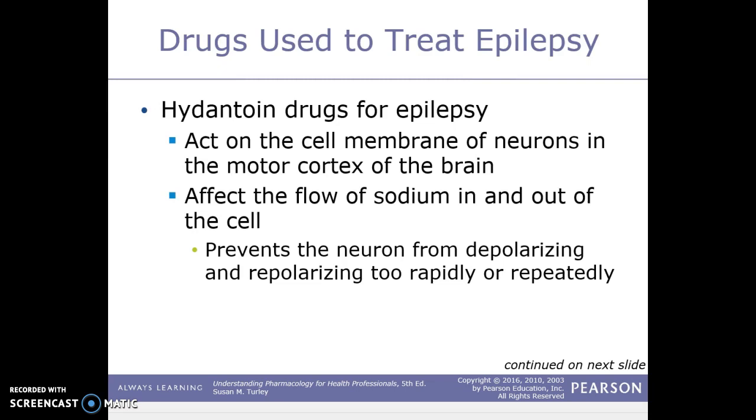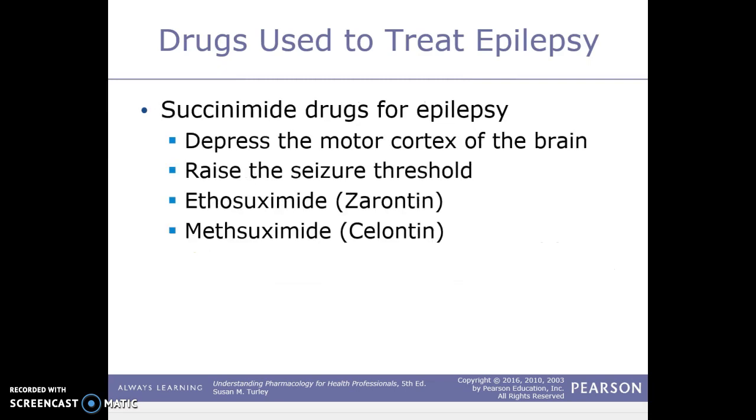Whereas if you look at another group, the succinimide drugs, they depress the motor cortex and raise the seizure threshold. Every one of these is going to be used a little bit differently for a different result. Ultimately the same result, but what it's doing inside the brain is a little bit different. All of them in this category are for epilepsy; some just work differently within the brain.